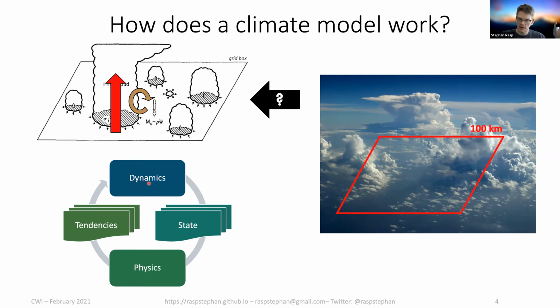Now, as we've seen before, if we look at the uncertainties of climate models, we can pinpoint the main cause of these uncertainties to these approximations, what we call the physics here, and particularly the approximations of the subgrid clouds. So we just kind of want to do better with that.